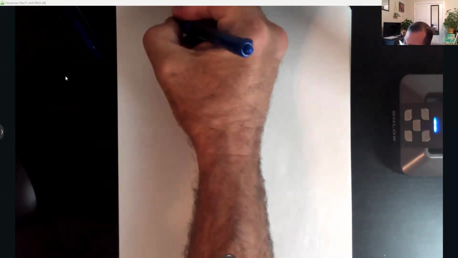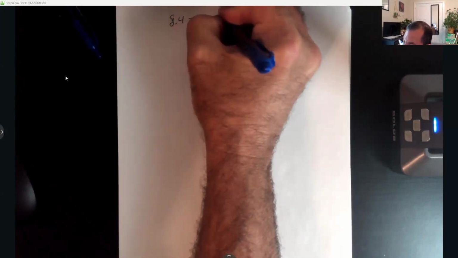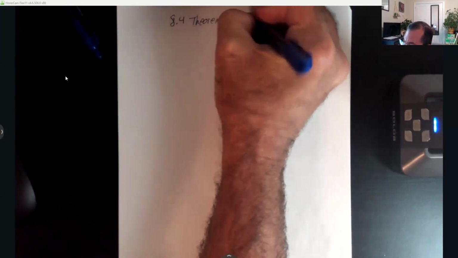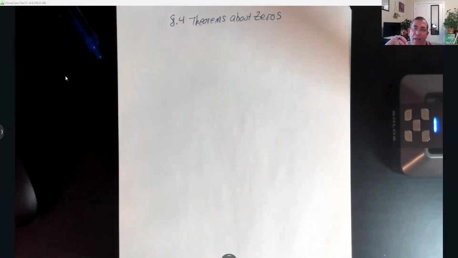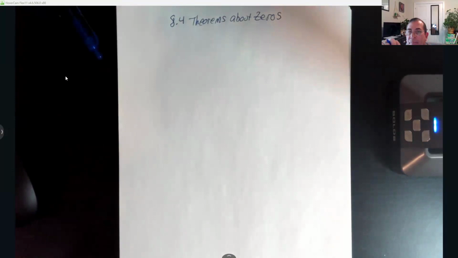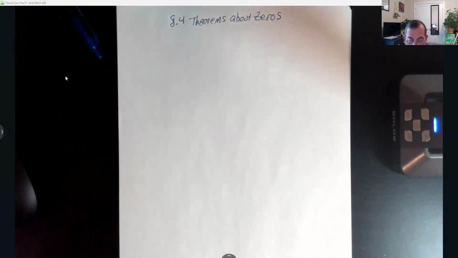All righty, so 8.4. This is theorems about zeros. And then other things in this section, okay? The theorems we'll see a little bit later in this section.